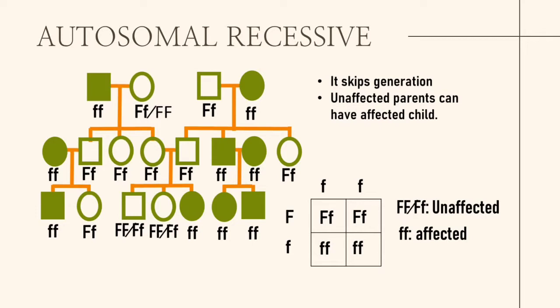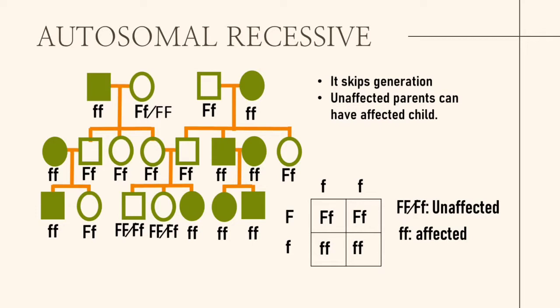Okay, so, let's have an analyzation of this pedigree. So, in generation 1, in the mother side, the father, or the lolo, is affected. Okay?